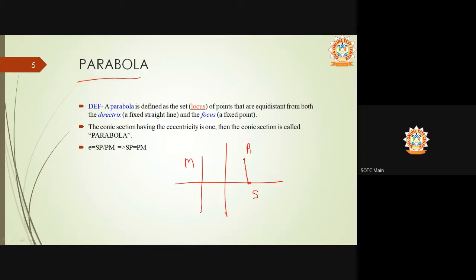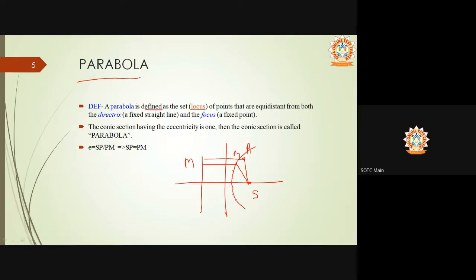The distance from S to P1 and from P1 to M are both the same. Now let us suppose another point, P2. The distance from S to P2 and from P2 to M are both the same. Like this, the set of these points is said to be a parabola. It is forming a parabola.